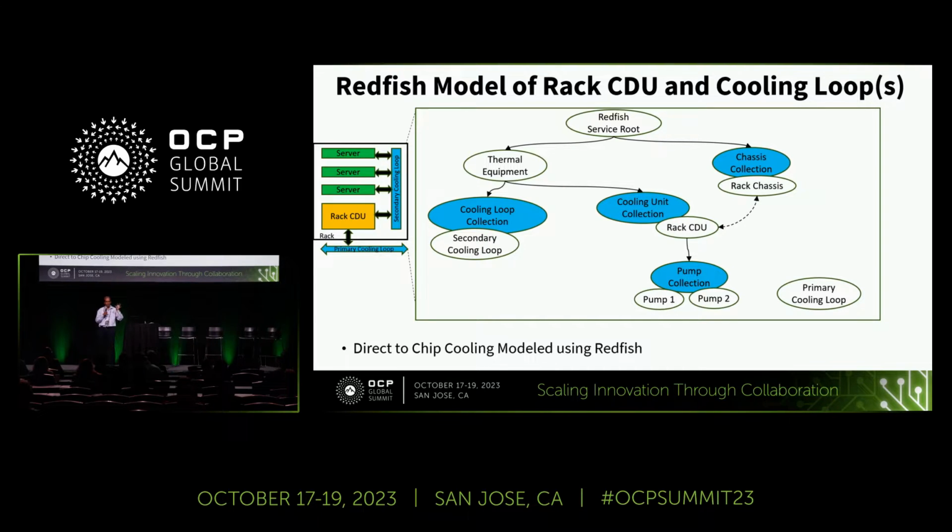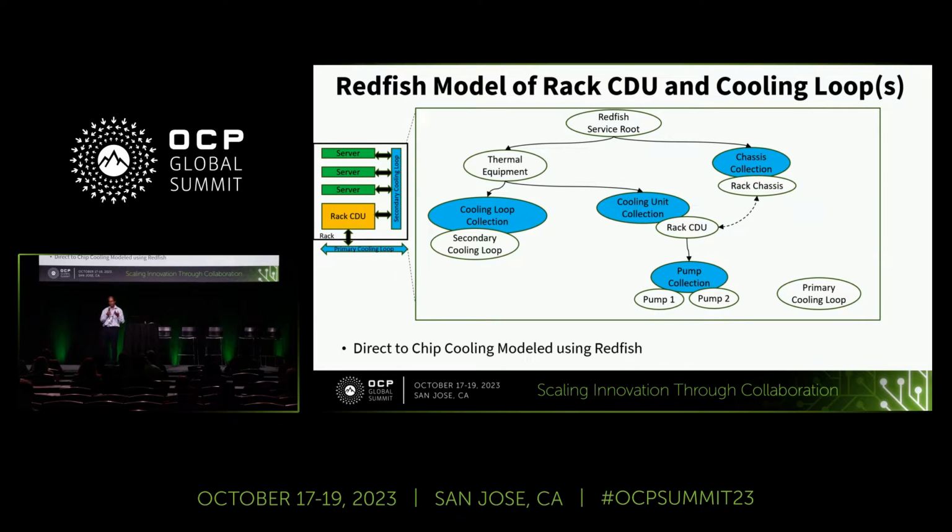There are a bunch of collections. Just like a rack is part of the chassis, now the tank will be part of the chassis, and then there is a cooling unit collection, which is what Redfish calls it, and underneath that you have the typical coolant distribution units.